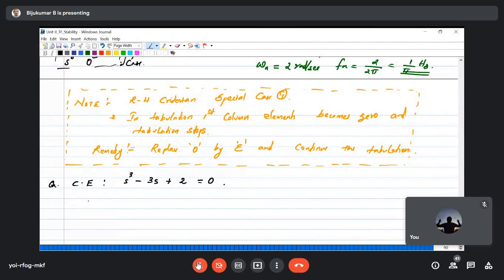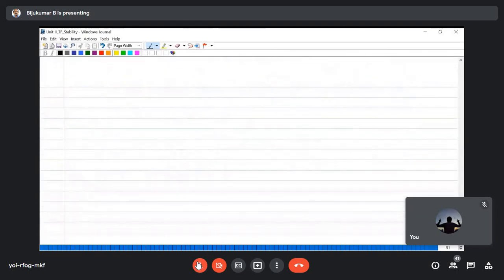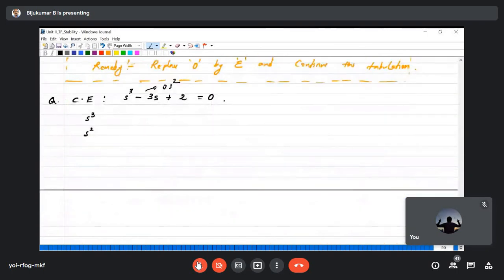How will you do it? s cube. There is no s square term here. This time there is no s square, so 0 is there for s square. Then s power 1, s power 0.